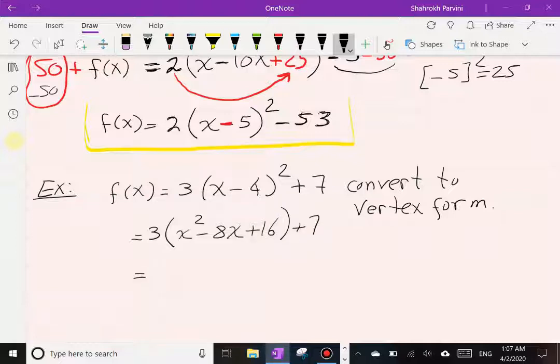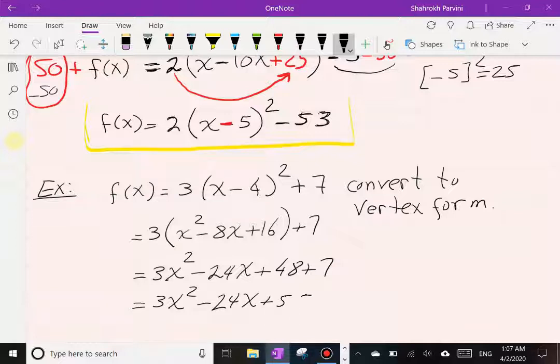And then distribute the 3, you get 3x squared, negative 24x, plus 48 plus 7. 48 and 7 makes 55, and there you have it. So this is now polynomial form, and that is exactly what we wanted to do. So it's good to be able to go back and forth between the two forms.